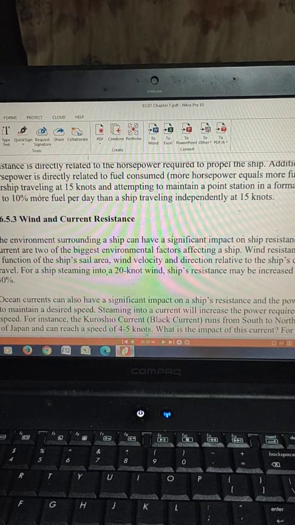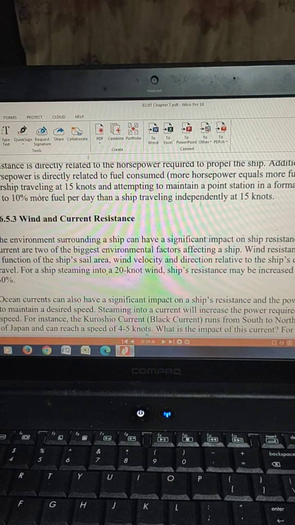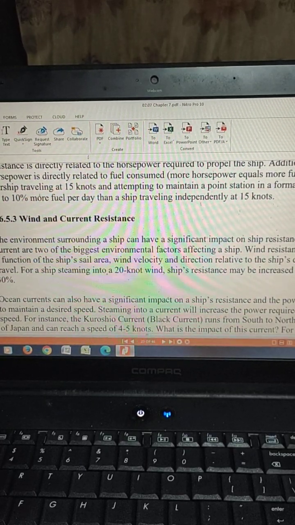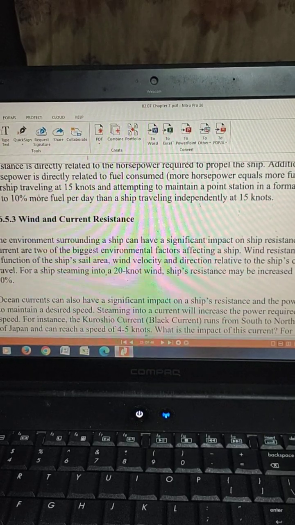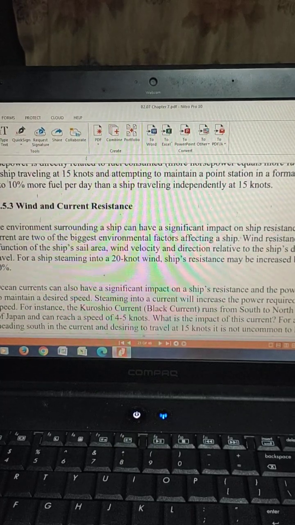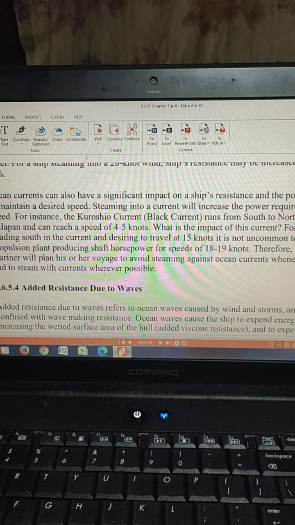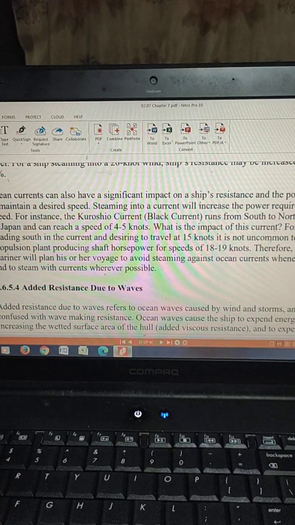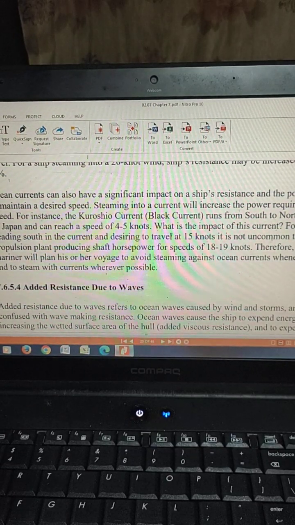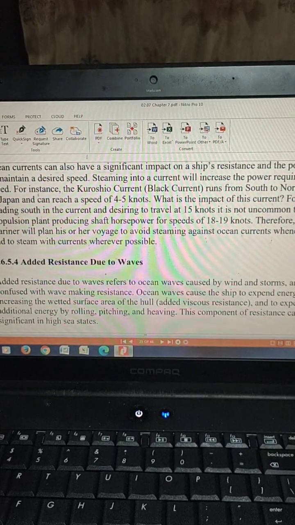When the ocean current is coming against the ship, it is also added resistance. But when the current is behind the ship, pushing the ship forward, the resistance will reduce, or either the current or the wind. And that's the adage when we give you good wind. That means the wind is coming from astern. Then it will reduce the resistance. It will give more power to reduce the resistance of the ship.